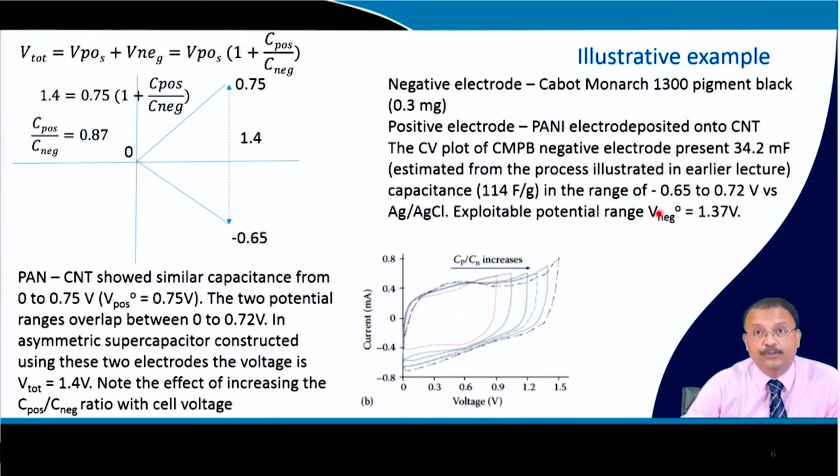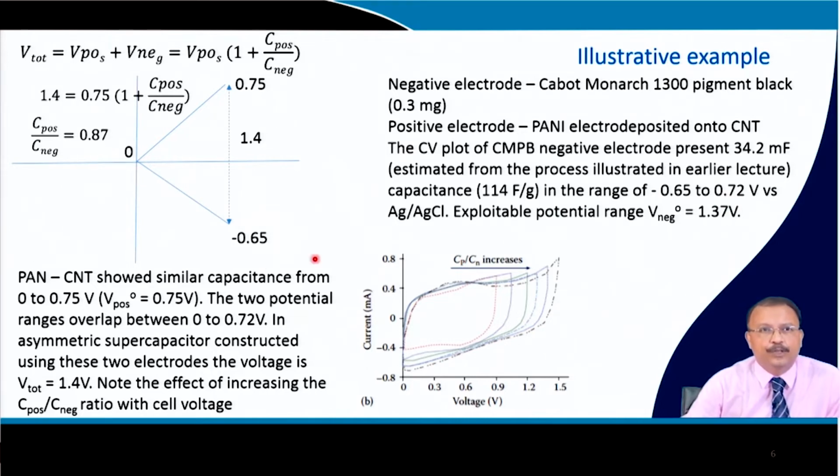So, the range that is operative here, you can see that if you want to exploit the negative potential range, this is around 1.37 volt, right. If you take the modulus of this, and it goes till here, it is 1.37 volt.